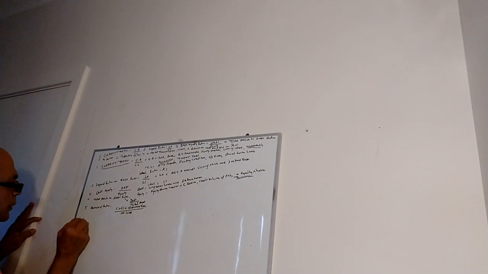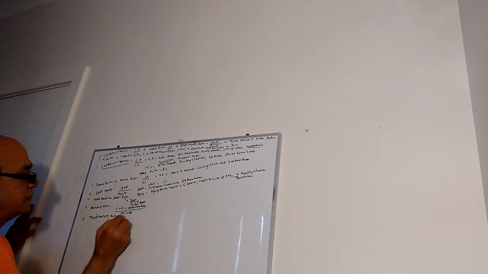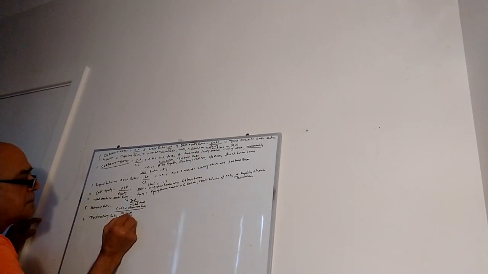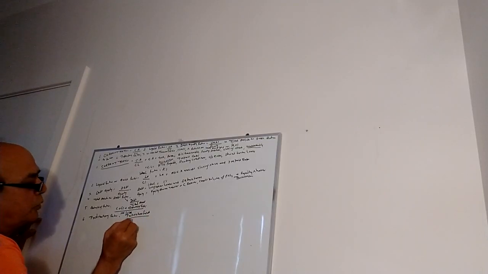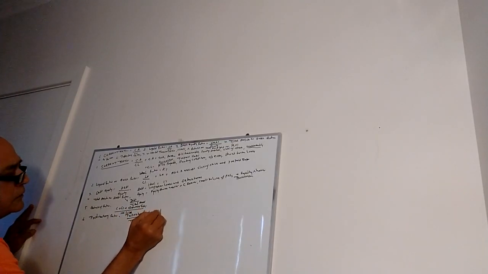Then sixth, we are having proprietary ratio, which is equal to proprietors funds upon total assets. What are proprietors funds? Shareholders funds, or we also call this shareholders funds.